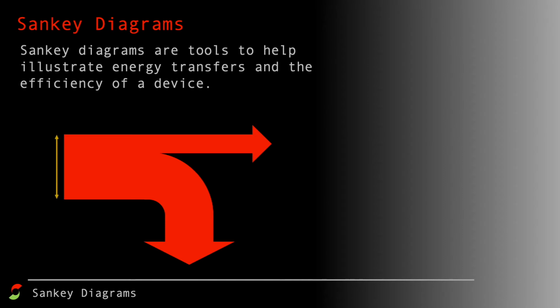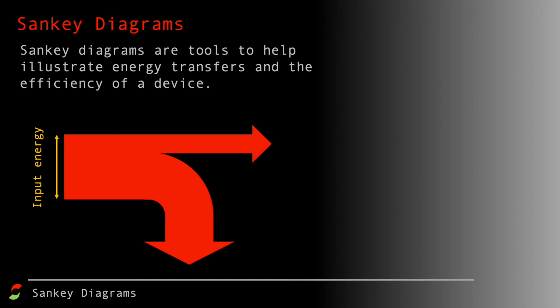And the sizes of these arrows are very important. So this on the left hand side here represents the input energy. So the bigger, the thicker that beginning of the arrows, the larger the input energy is.